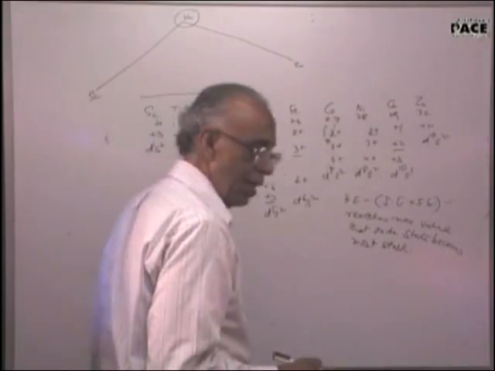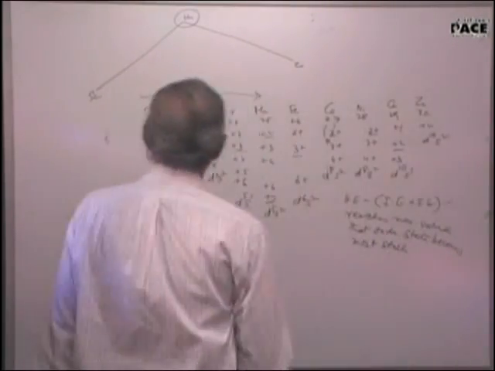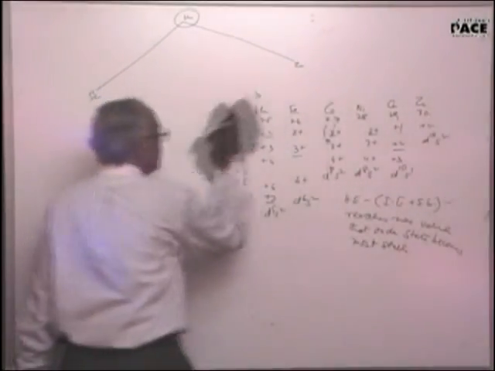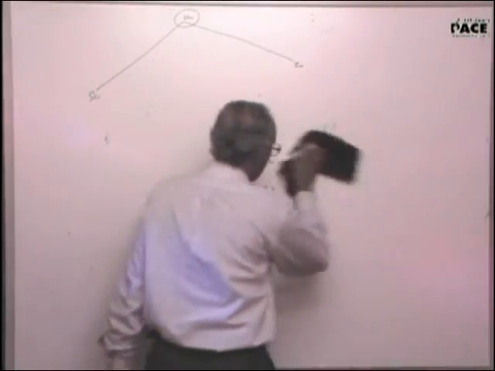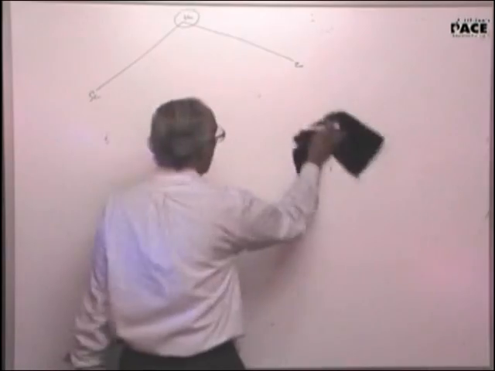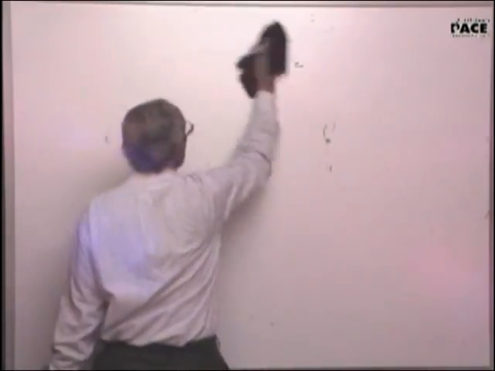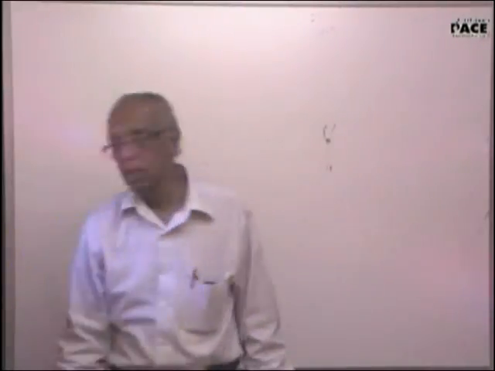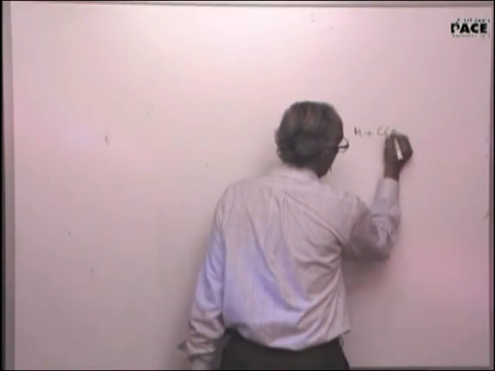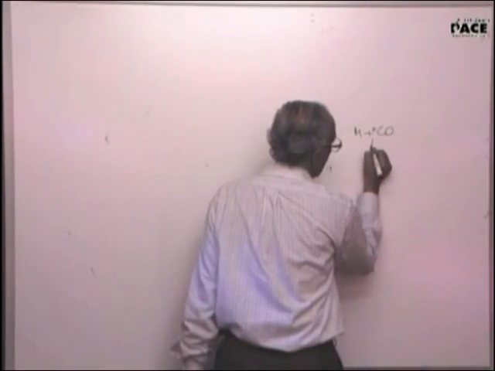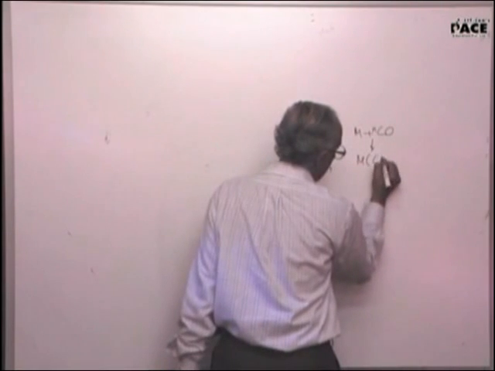But there are compounds where the metal shows oxidation state 0 or even negative, especially when it combines with carbon monoxide to form metal carbonyls.